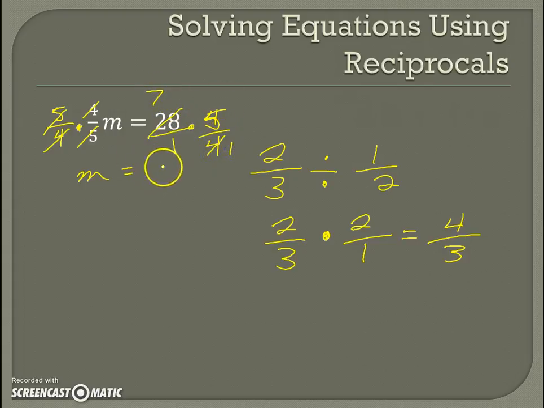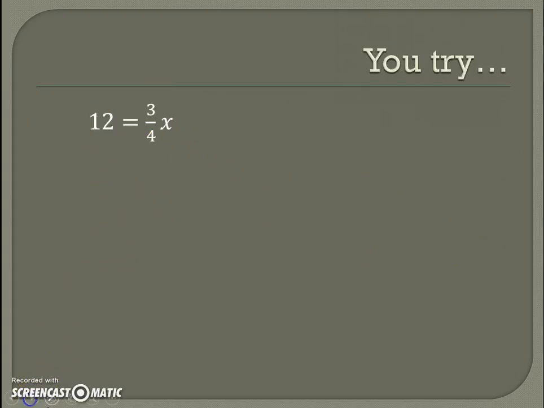So 7 times 5 is 35, and 1 times 1 is 1, so it's just m equals 35. So I multiplied by the reciprocal. Here's one for you to try. Go ahead and give that a shot on your own. All right, and after you unpause, hopefully you found that x is equal to 16.